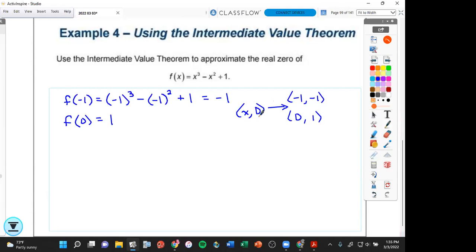Well, okay, let's narrow it down some more. I know based on this that there must be a 0 between 0 and -1. So I'm going to choose a number between 0 and -1. How about negative 0.5? Is that between there? Okay, someone please put that in your calculator and give me the correct answer.